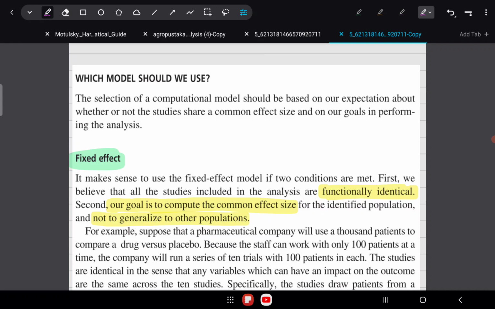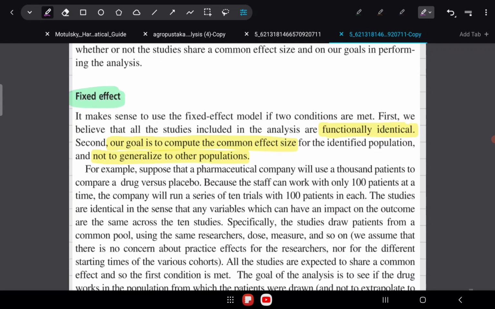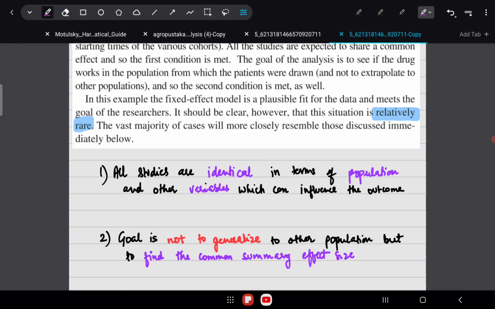So in fixed effect modeling, you just remember two things. You have to look first at the distribution of the effect size across all the studies. If you have a reason to believe that all the studies that you have collected in your meta-analysis are identical, they're identical means they're somewhat similar in terms of the population and all the variables which can influence the outcome.